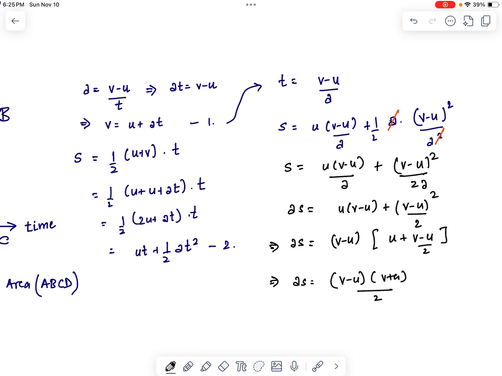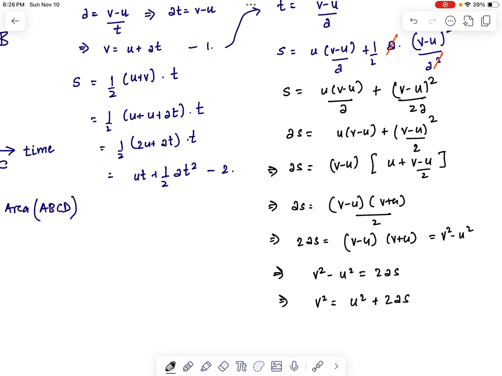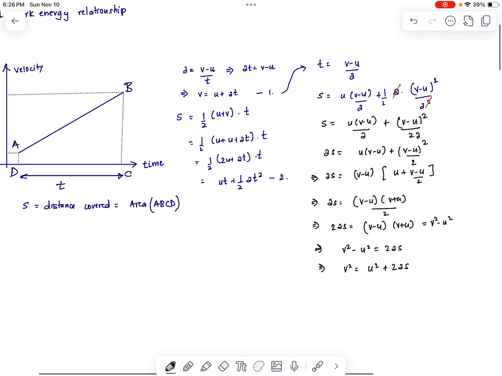So we multiply by 2 on both sides: 2as equals (v minus u) times (v plus u). This is v squared minus u squared. Therefore, we end up with v squared minus u squared equals 2as, or v squared equals u squared plus 2 times a times s. So that's equation number 3.